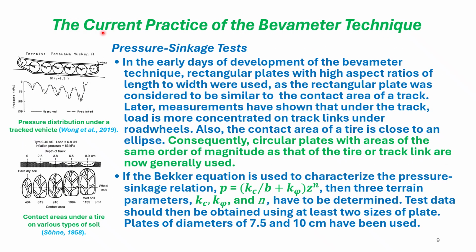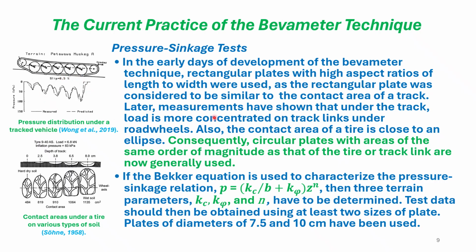The current practice of the Bevameter technique for pressure sinkage tests. In the early days of development of the Bevameter technique, rectangular plates with high aspect ratios of length to width were used, as the rectangular plate was considered to be similar to the contact area of a track.